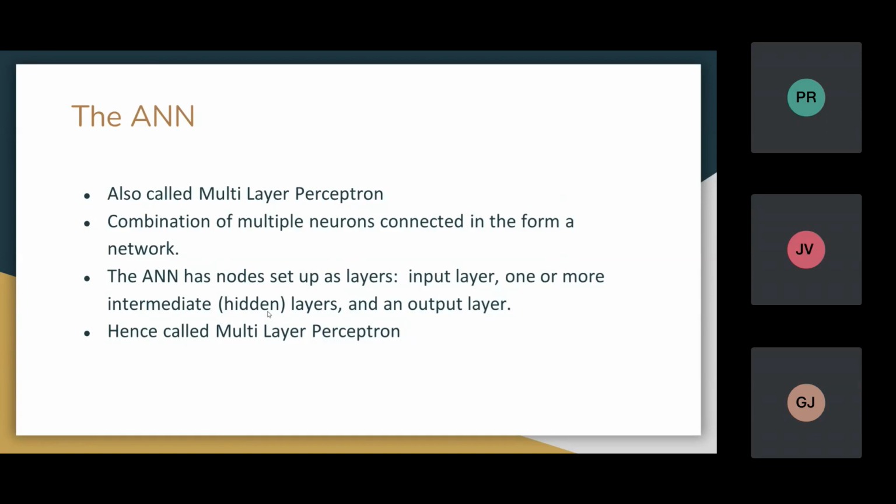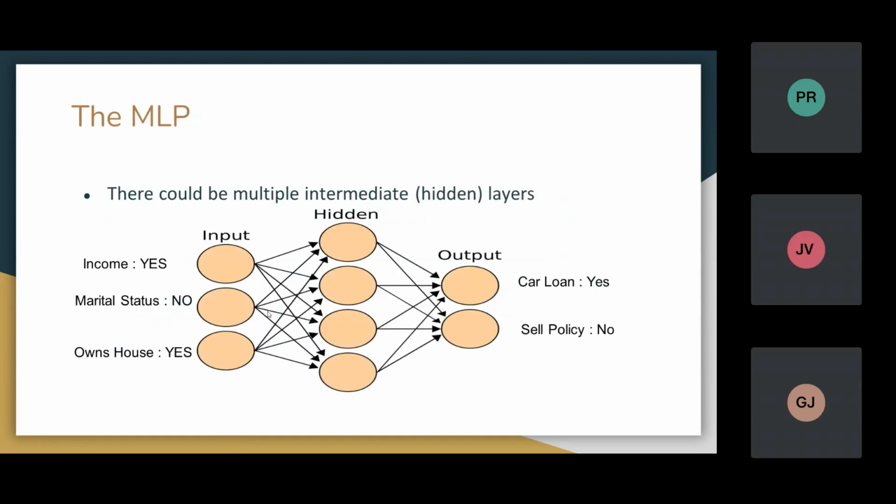Each of these computational elements is called a node, and these nodes are set up as layers: the input layer, the hidden layer or the intermediate layer, and the output layer. And because it has multiple such nodes, we call this a multi-layer perceptron model, MLP model of perceptrons. So this is how it typically looks.